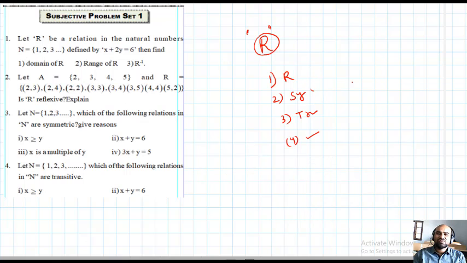Next, the second one, symmetric. When can you say that R is a symmetric relation? Observe, students, if the relation from A to B gives the same relation from B to A, that is, A R B implies B R A, then the relation is said to be a symmetric relation. While interchanging these two also, the relation should hold.